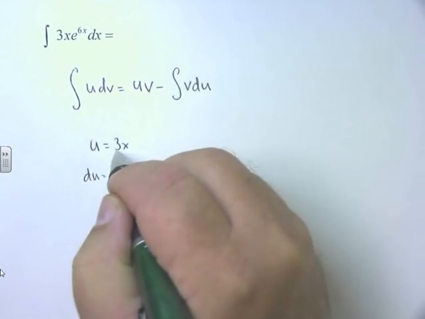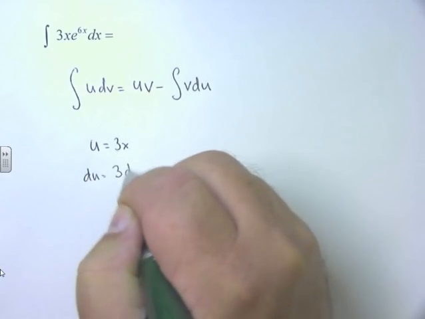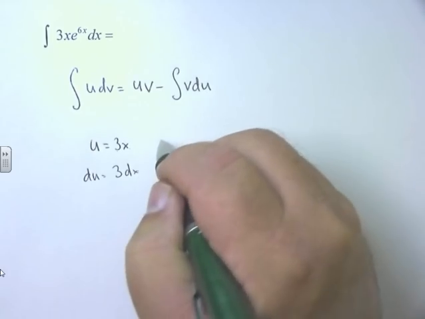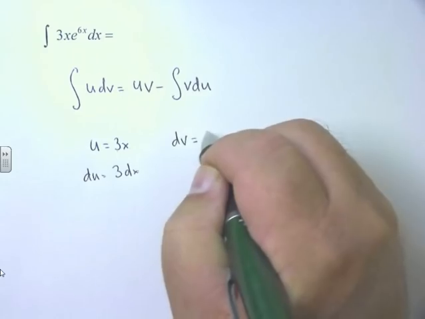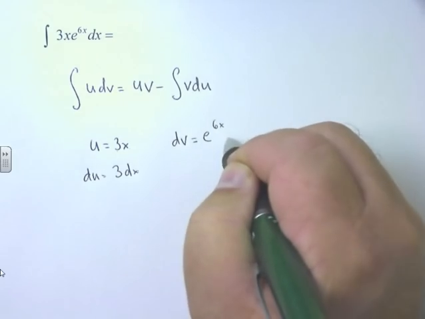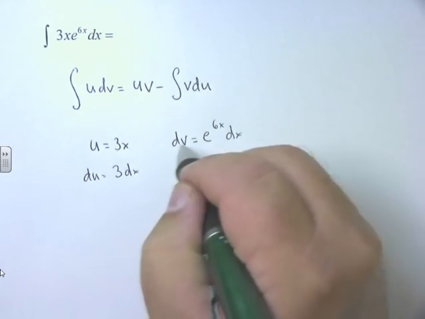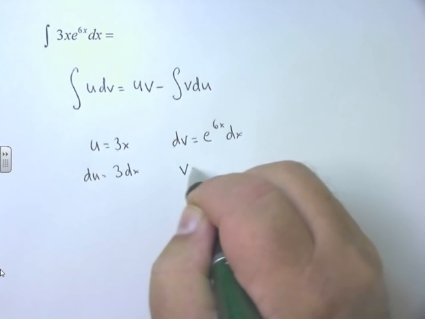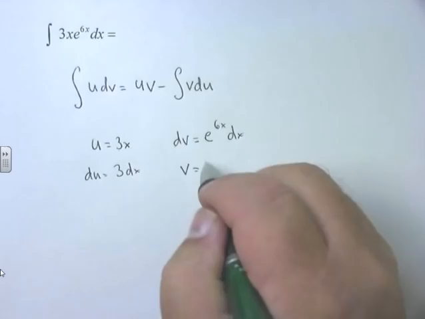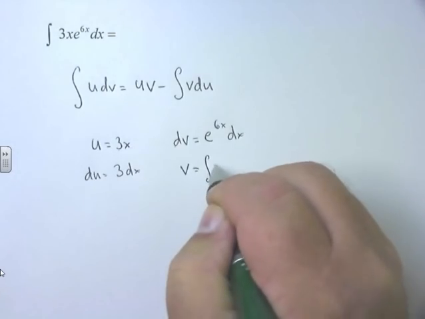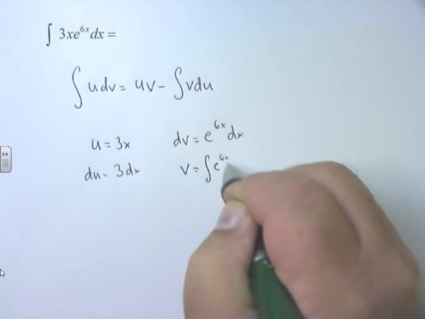The derivative of 3x is 3 dx. The rest of it, dv, would be equal to e to the 6x dx. But this is d, standing for derivative, so I need to get v back to be able to plug into my formula. To get v back from dv, I have to integrate e to the 6x dx.